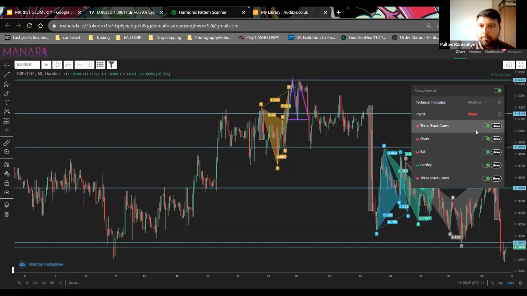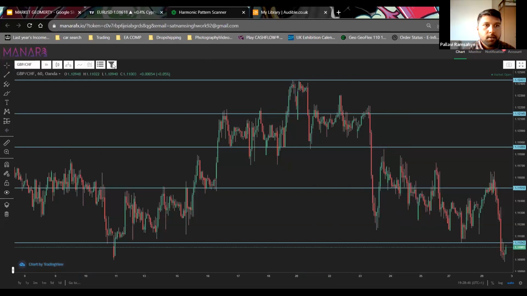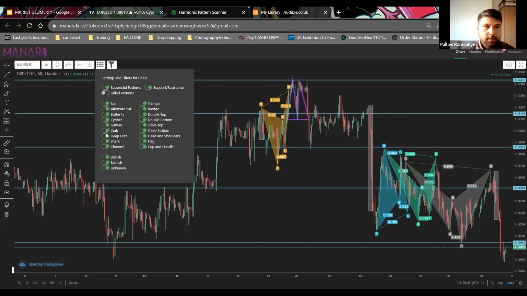We're doing the crab pattern, which is this one, and the rest of them off.